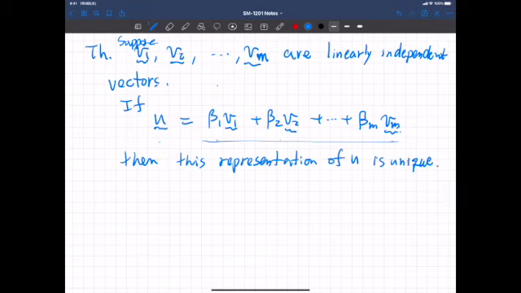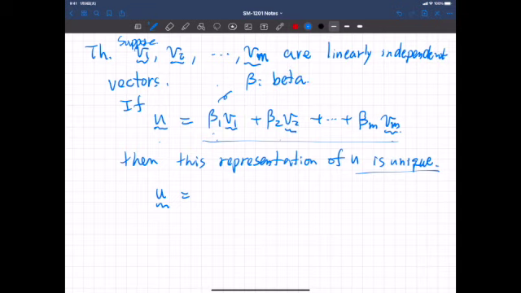So maybe this is not clear. What does it mean? This is unique. So this means if there is another linear combination, let's say, so these are beta. By the way, this is the Greek letter beta.